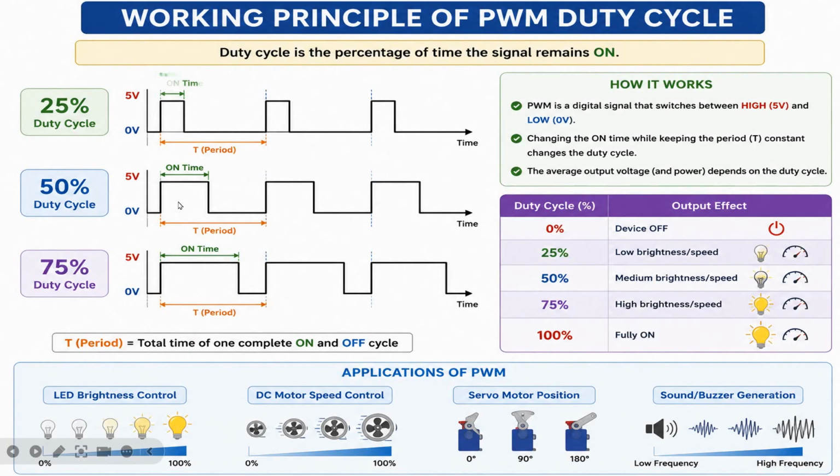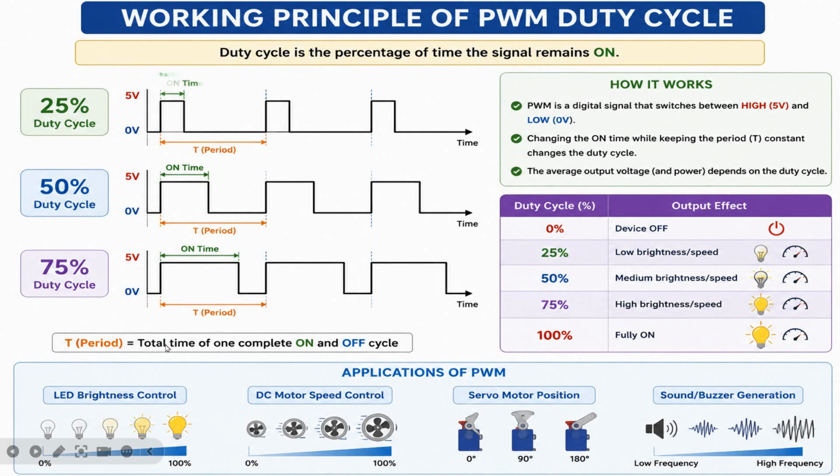Similarly here at 50%, it is on for 50% of the period and off for 50% of the period. So changing the on time while keeping the period constant changes the duty cycle. You can see in all three the period is constant. We are just changing the on time of the signal, which changes the duty cycle.